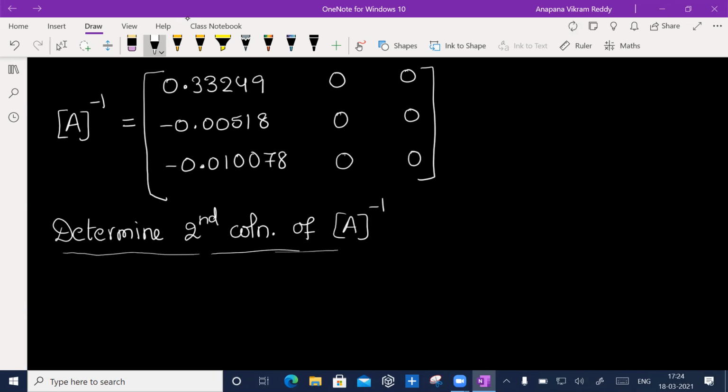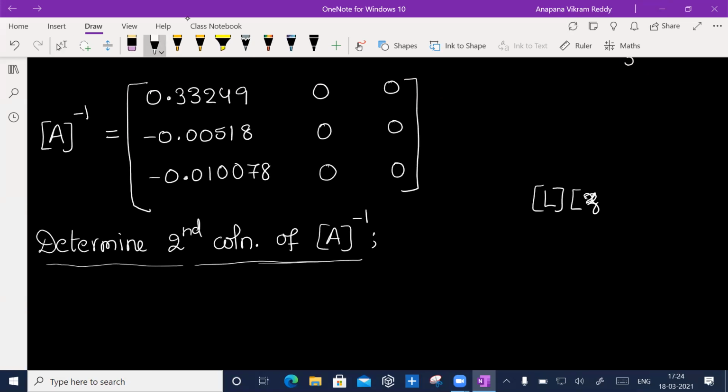Can you do this? Now what you must do again? Again take this. What you have here? You have Lz, Ux. So Lz is equal to, you have to take 0, 1, 0. That's it. From the identity matrix, you take the second column. On the right hand side of Lz, you put 0, 1, 0.